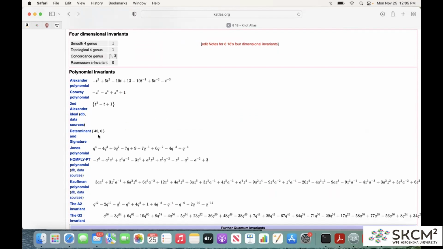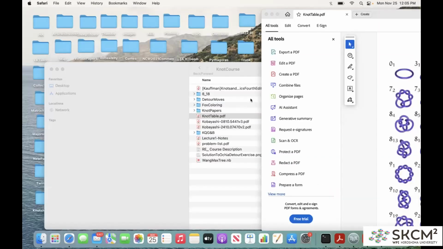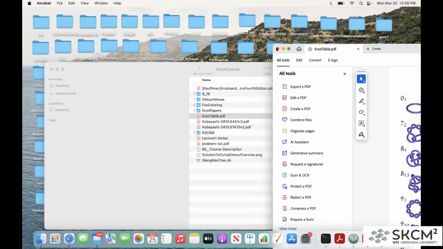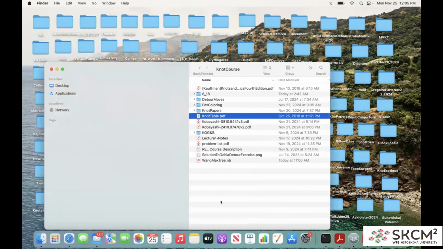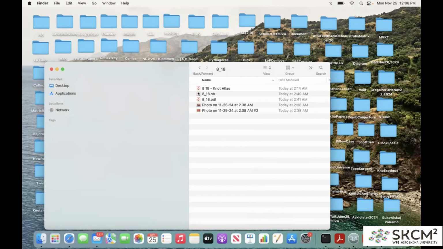Okay. Now, what about finding the determinant of this knot? Let me show you how it might look if you were going to do this with a computer.